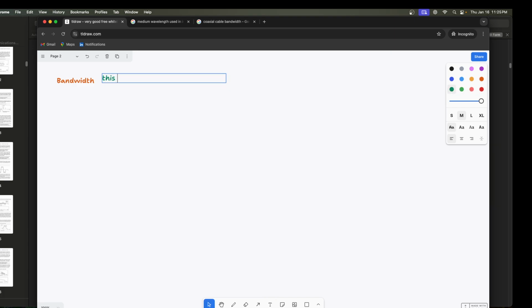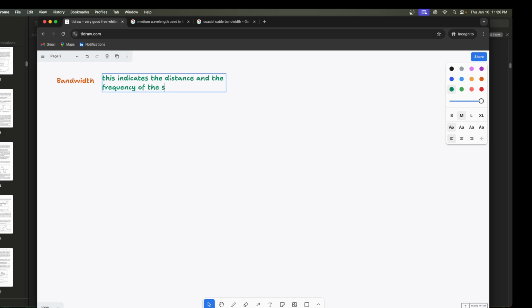So this indicates the distance and the frequency of the signals which would not. It indicates the distance which will go.